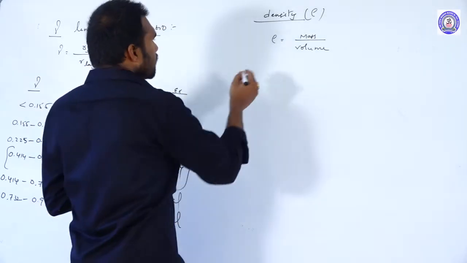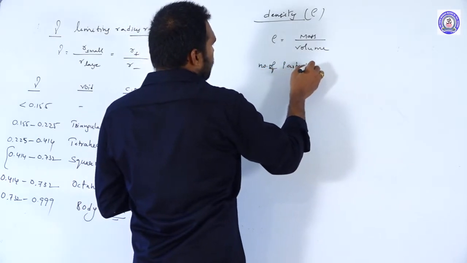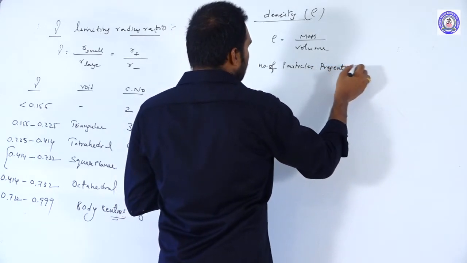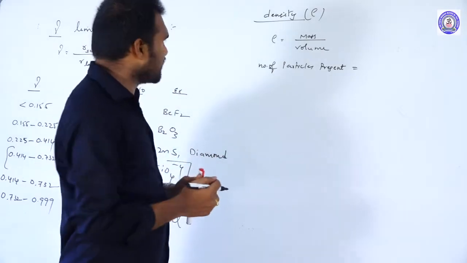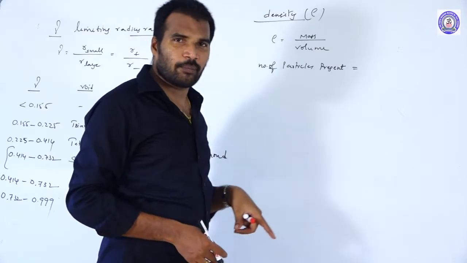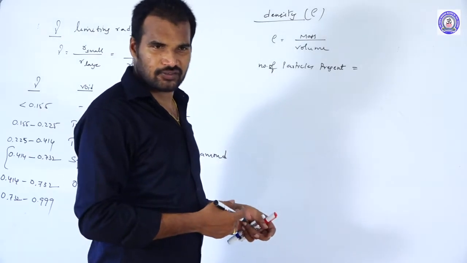So let us consider the number of particles present in it. So how to calculate from mass? How to get the number of particles? You just divide by the Avogadro number, we get the number of particles. Okay.